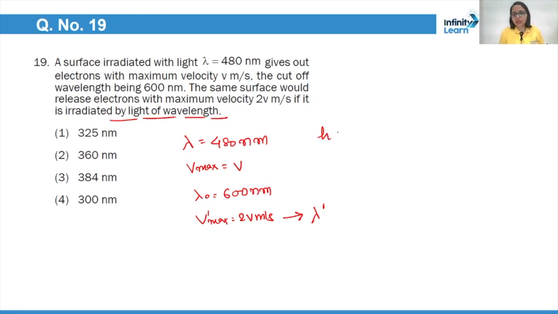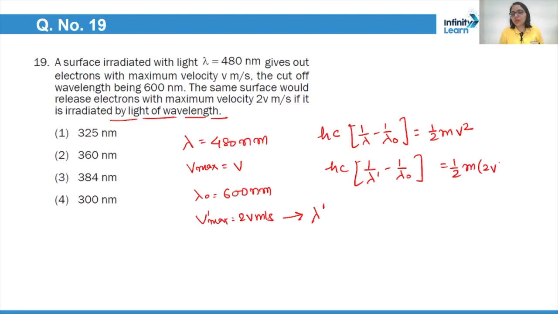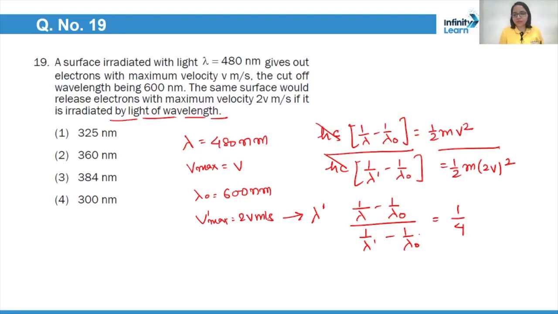So we know that hc into 1 upon lambda minus 1 upon lambda naught is equal to half m v square. For the second case, it will be hc into 1 upon lambda dash minus 1 upon lambda naught is equal to half m into 2v whole square. If you divide these two equations, hc cancels. So this is 1 upon lambda minus 1 upon lambda naught upon 1 upon lambda dash minus 1 upon lambda naught is equal to 1 by 4.